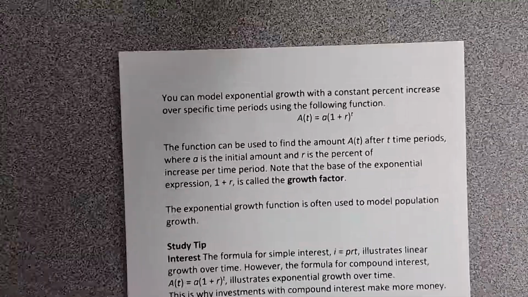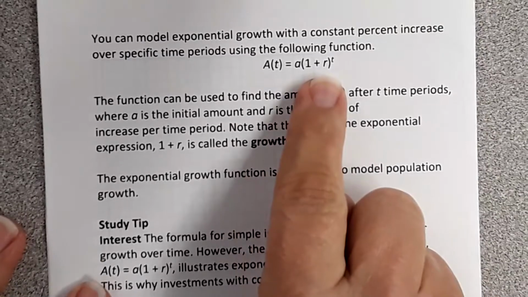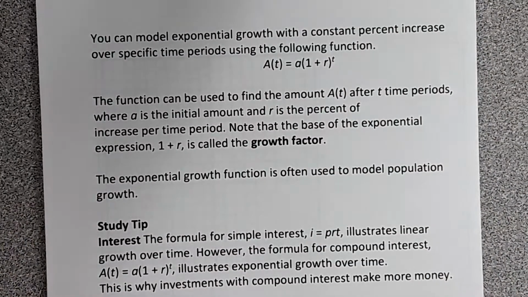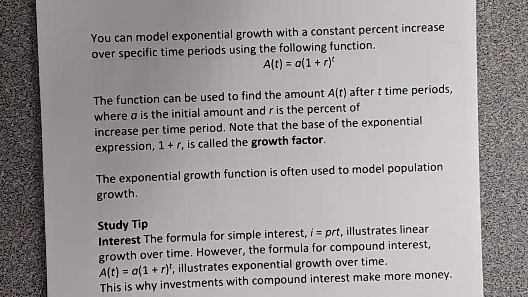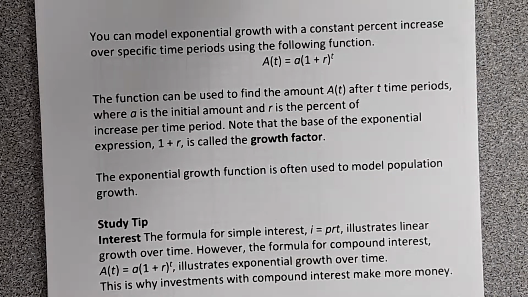Okay, here we go. So yesterday when we talked about this, we wrote it down. I want to remind you that A of t is what you either have left over or what you have altogether. So it just depends on whether it's decay or growth.